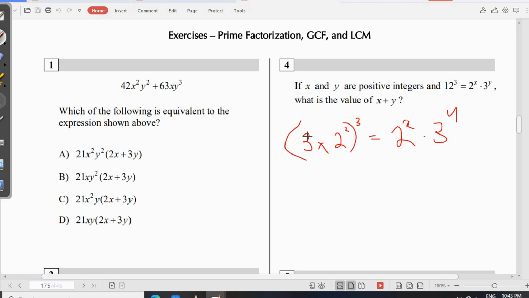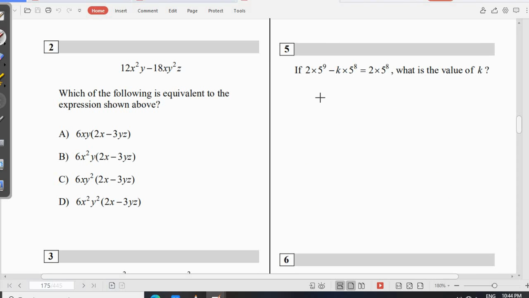So we're going to write 3 raised to power 3 times 2 raised to power 2, all raised to power 3. 2 times 3 outside will give you 2 raised to power 6. So we have 3 raised to power 3 times 2 raised to power 6 is equal to 2 raised to power x times 3 raised to power y, and you already know x is 6 and y is 3. So let's proceed.